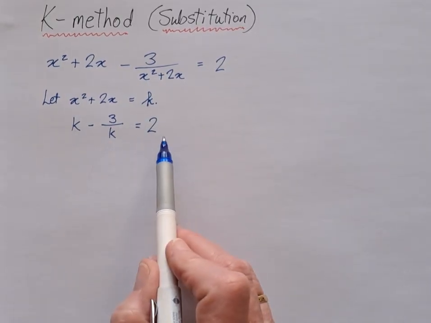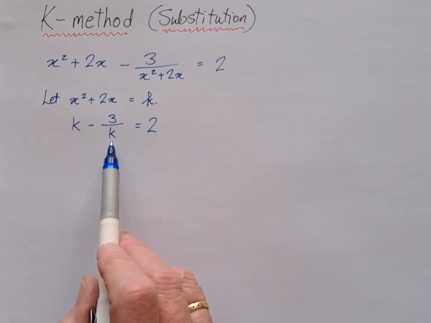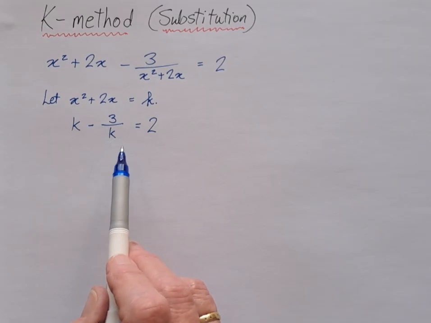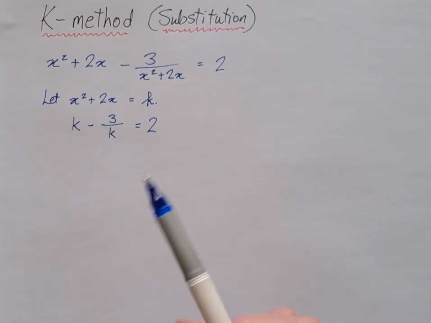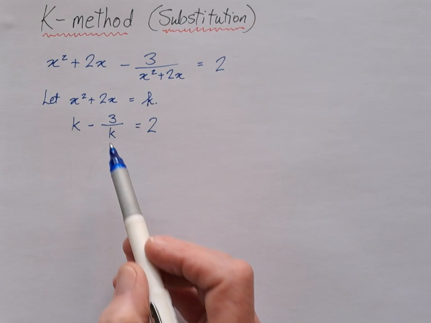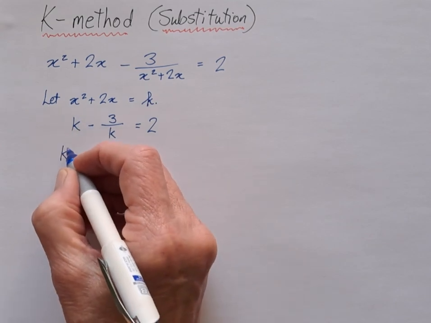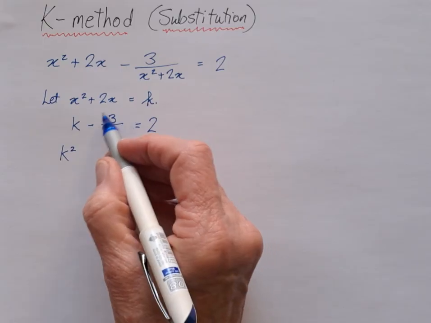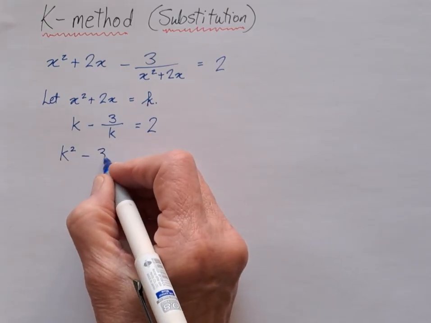Now I'm going to solve the equation for K. So I'm back to an equation that's got a denominator, and I need to eliminate the denominator, and I do that by multiplying through by the LCD. Well, I don't have to worry about an LCD here because there's just the one denominator. So multiplying this term by K, I'll end up with K squared. When I multiply this term by K, they'll cancel, so I'm just left with 3.